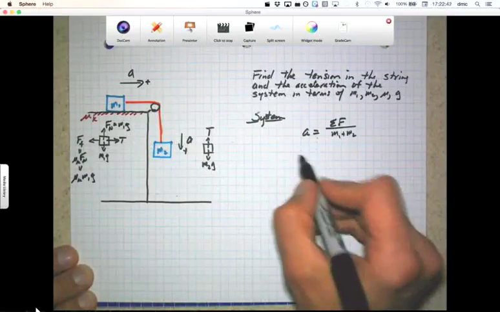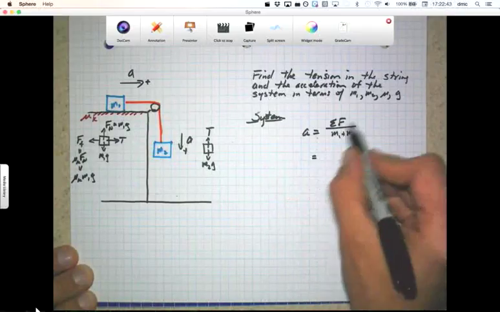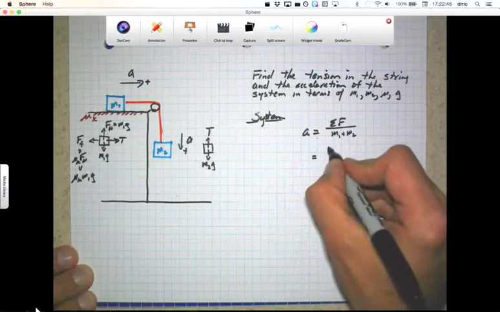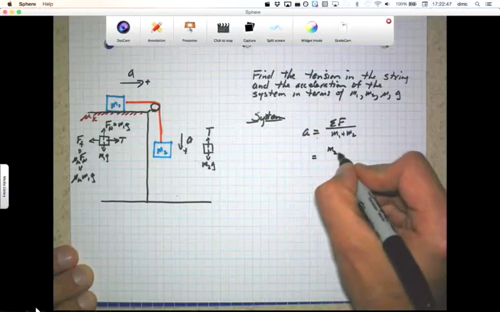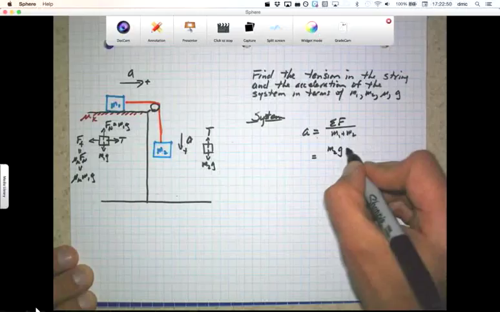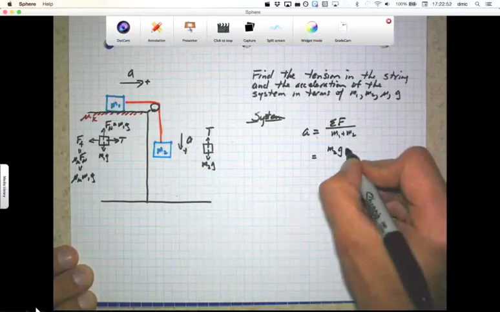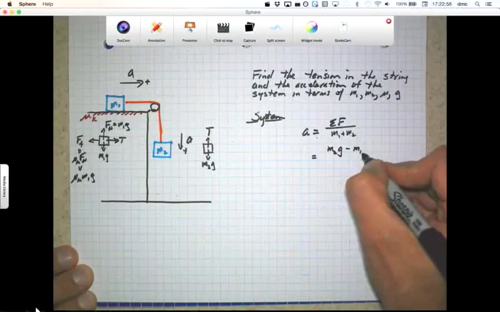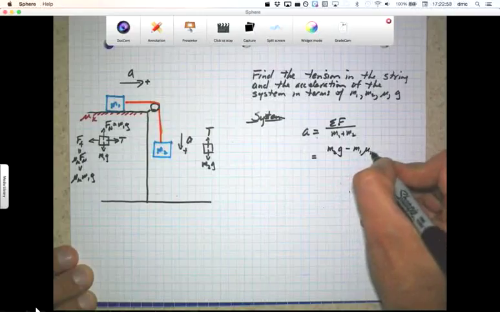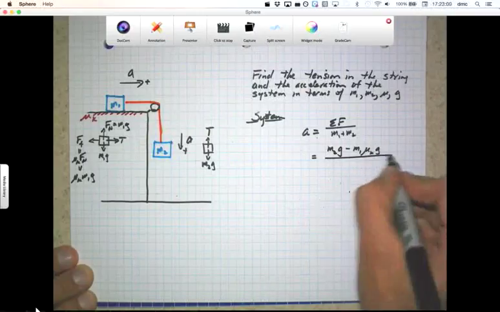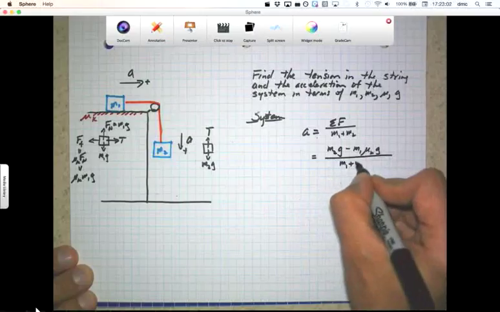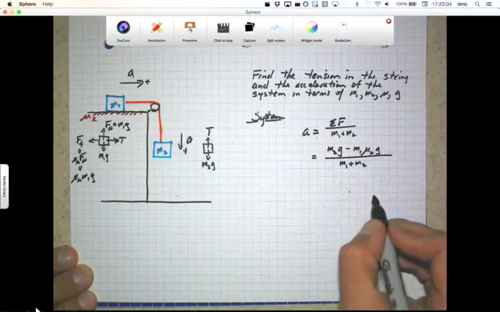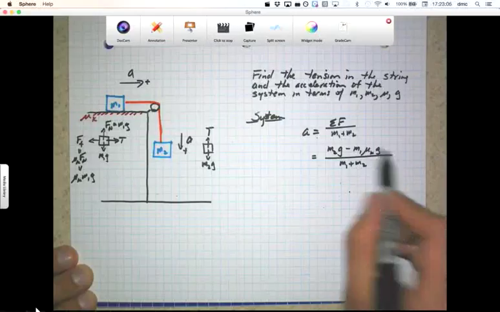So we're going to have m2g, positive because it's with the acceleration. In the opposite direction, so minus, m1 mu k g, divided by m1 plus m2. And so I can actually factor out g if I want to.